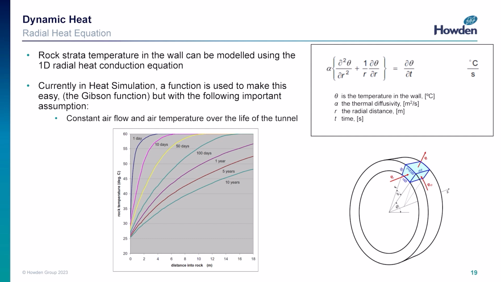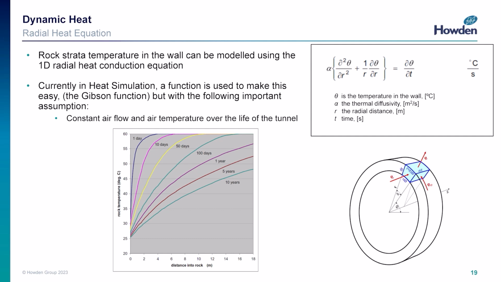So the way we handle this currently in the heat simulation is with the Gibson function, which is basically a big simplification of this equation. So in this graph here, you can see there's a line there for 10 years, the bottom one. That's giving you the heat in the wall after 10 years. The Gibson function will give you the critical information that you need to work out the rock strata heat from that profile.